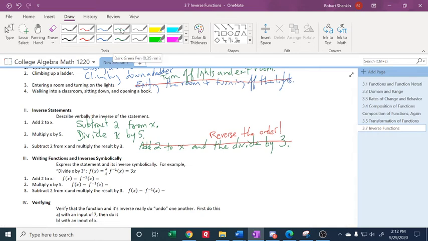So we put those two ideas together, and the new one is going to be divide by 3 and add 2 to the result. Okay.